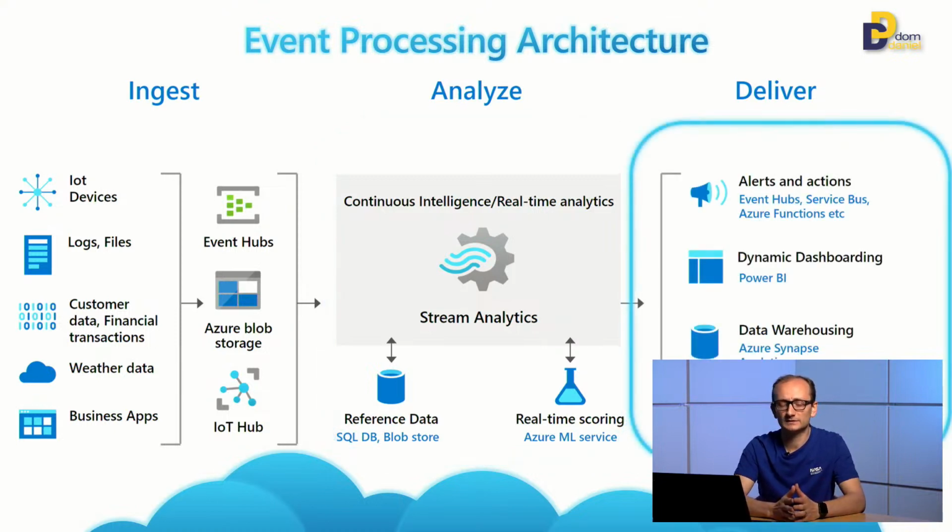And after this, we delegate our query result to a dynamic dashboard system, Power BI, or any alerting systems that you can construct with Azure Functions, Event Hubs, Service Bus, and so on.